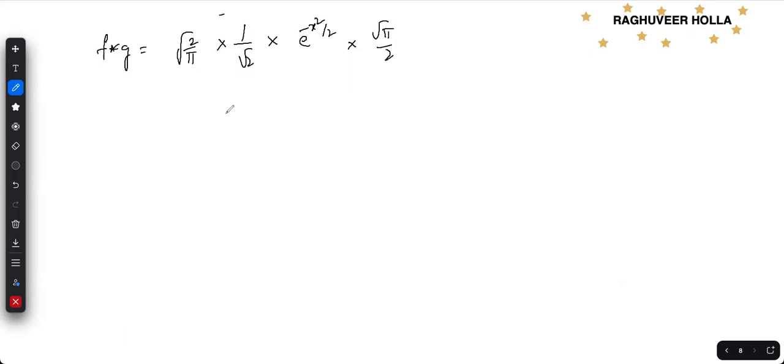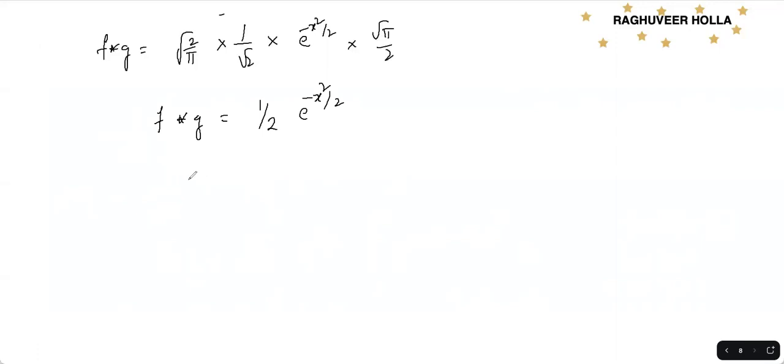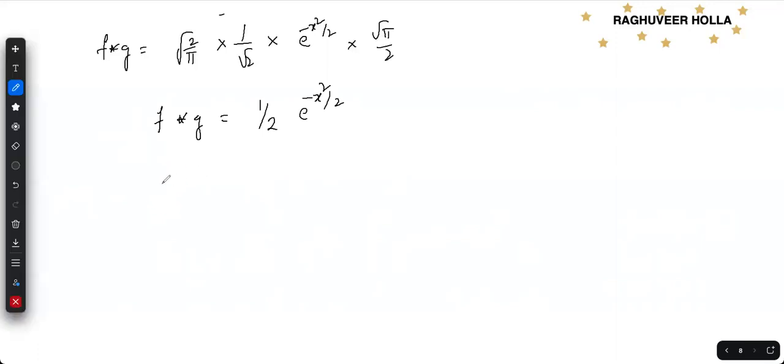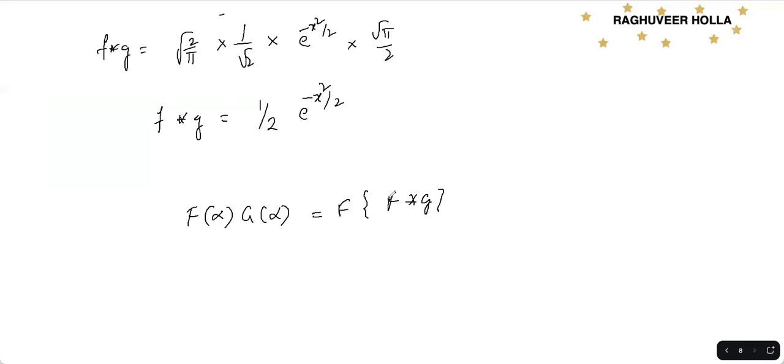So I can cancel these, and what is left is f into g is 1 by 2 e to the power of minus x square by 2. As you can see, F of alpha G of alpha is equal to the Fourier transform of f into g. Hence, we proved it.